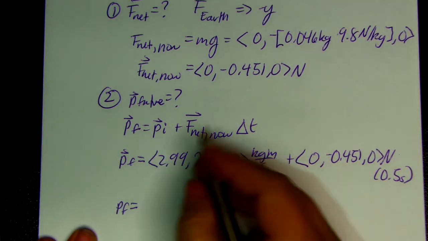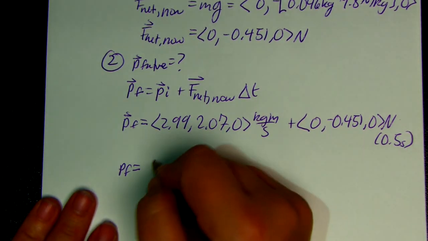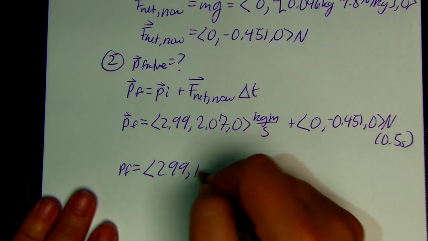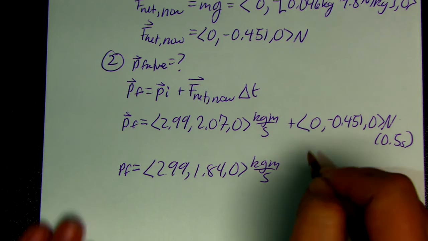P future is equal to <2.99, 1.840, 0> kilogram meters per second.